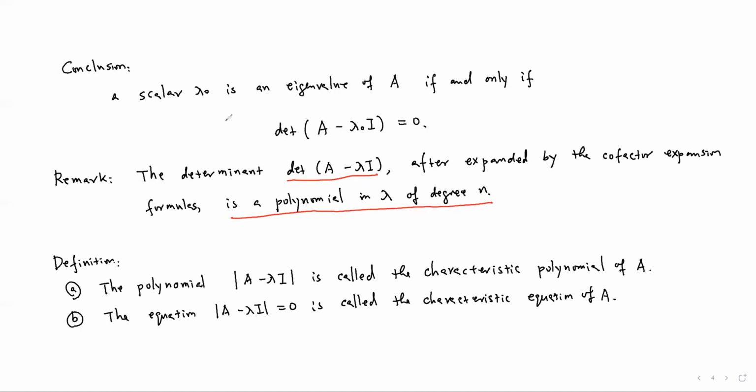A scalar lambda 0 is an eigenvalue if and only if, from the conclusion here, this determinant is 0. The determinant is a polynomial.